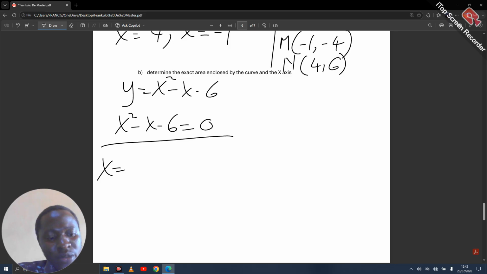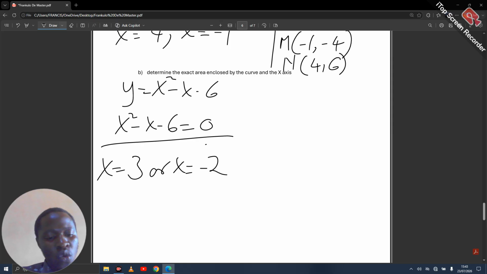Now x will be 1 plus or minus the square root. I hope you know this, guys. Please. Let me just get the values of x. After solving with the quadratic formula, x will be 3, or x will be negative 2.